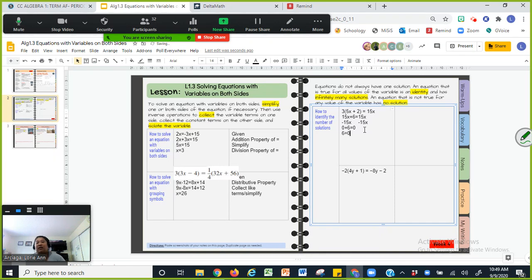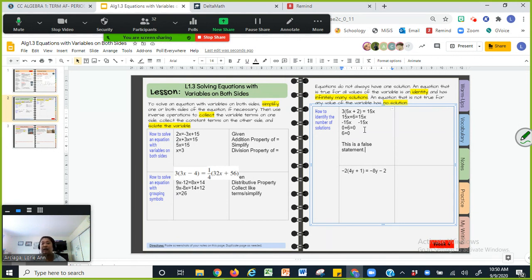And then you might stop. Wait a sec. That doesn't look right. Can 6 be equal to 0? No way, right? So you say this is false. If you think that there's something wrong, it doesn't mean that you did something wrong.